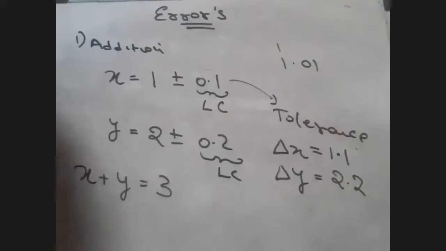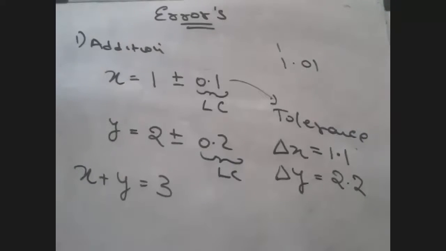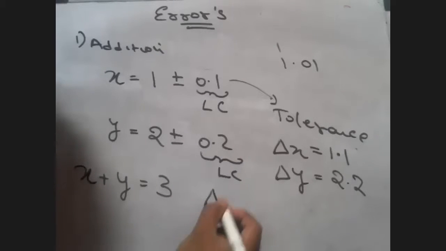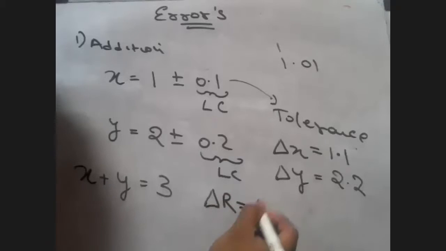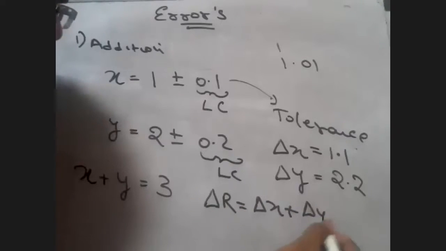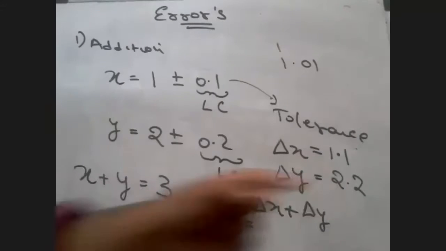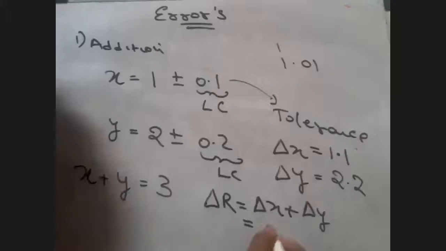With the error, this can be the change in x and this can be the change in y. So in this case, can I write that my result delta r can be delta x plus delta y? How much is that? 1.1 plus 2.2 is how much? 3.3.